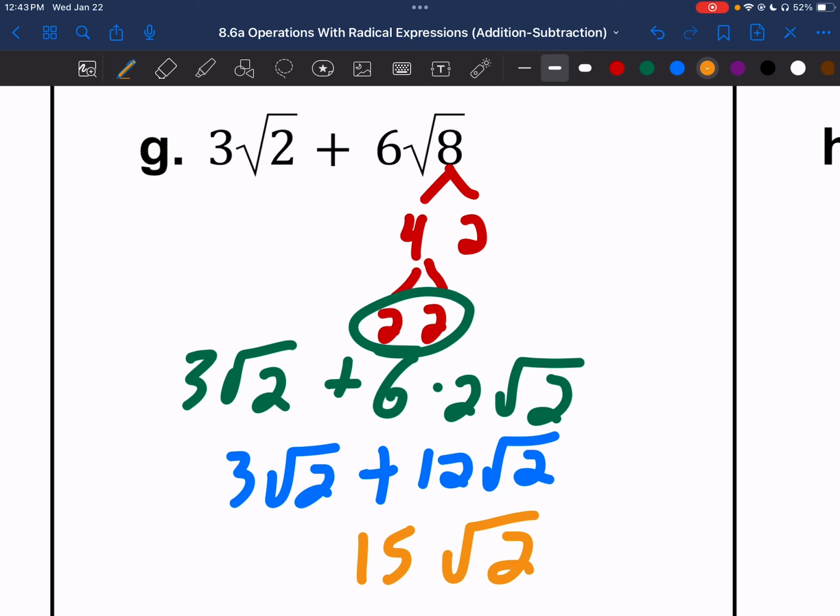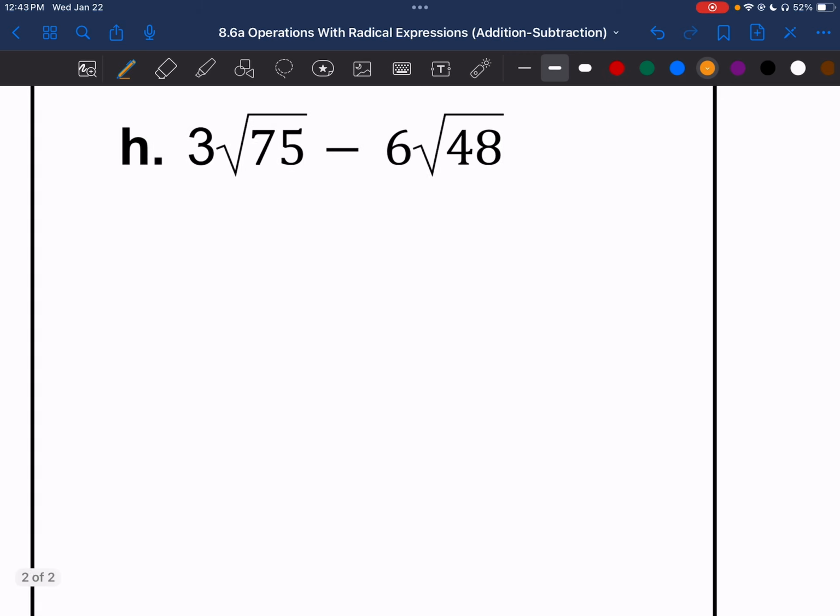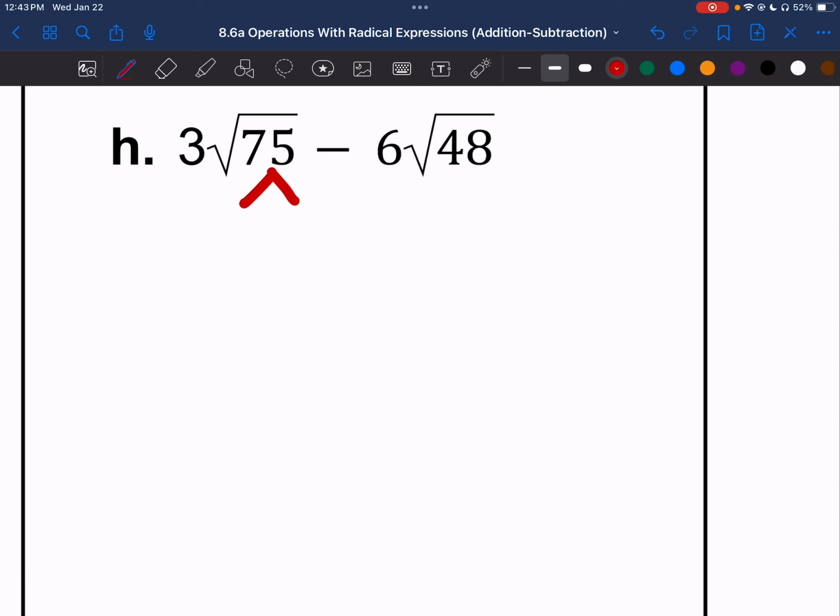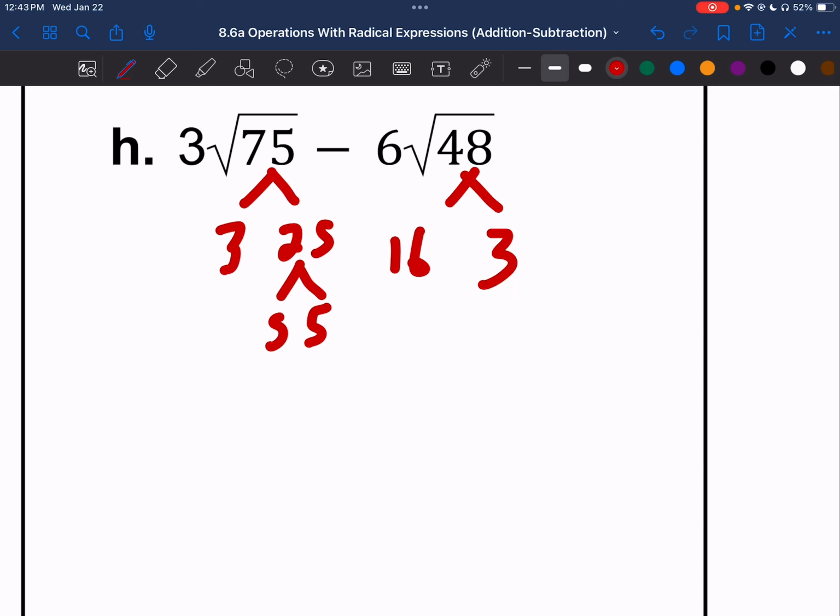Letter H. 75, we've got a 3 and we've got a 25. And 25 breaks up into 5 and 5. 48 is 16 times 3, which breaks up into 4 and 4.